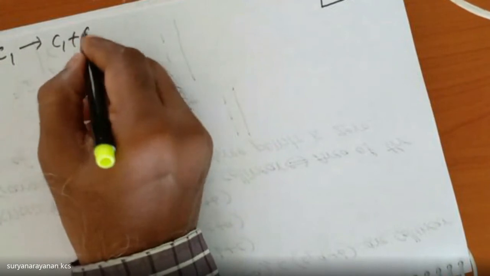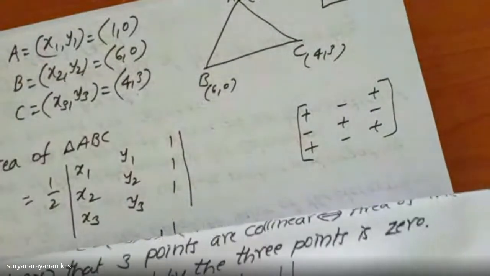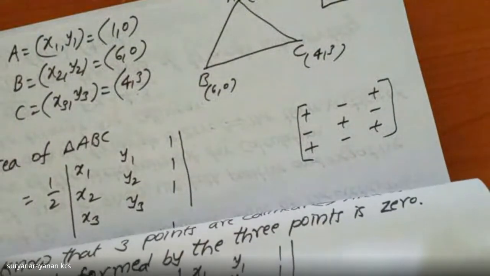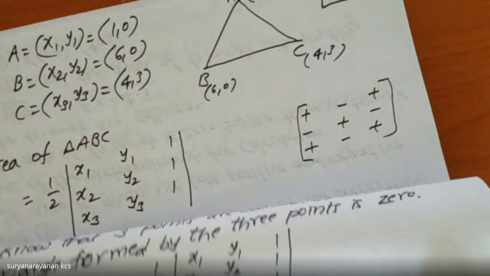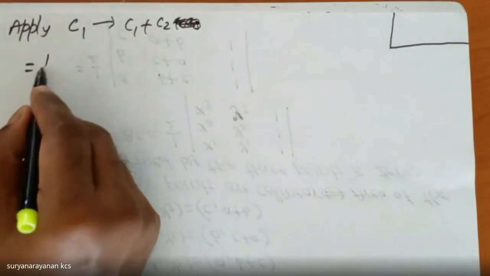Apply C1 plus C2. That is enough. Apply this column operation on C1. Can you tell me what elements will you get?